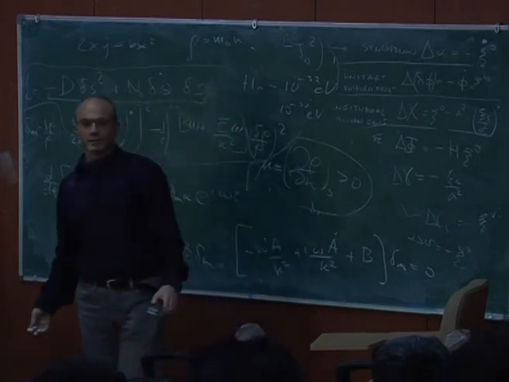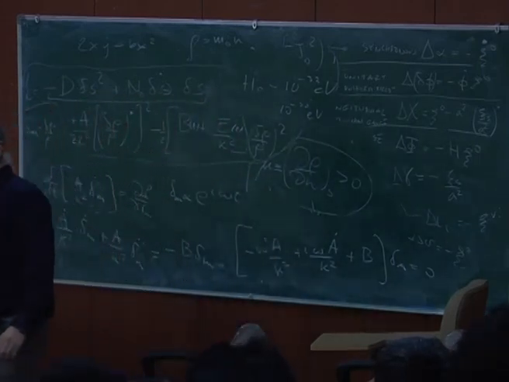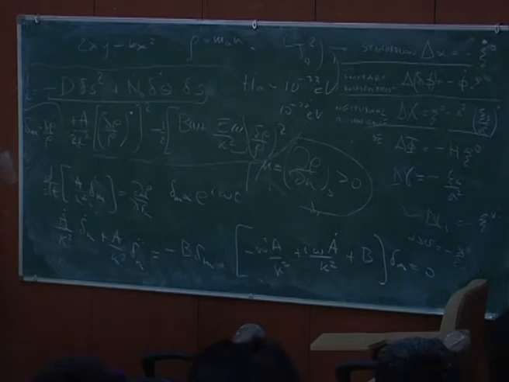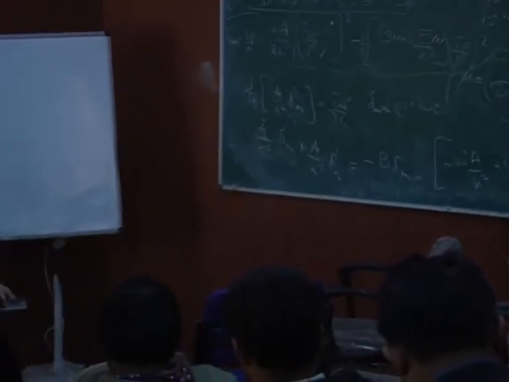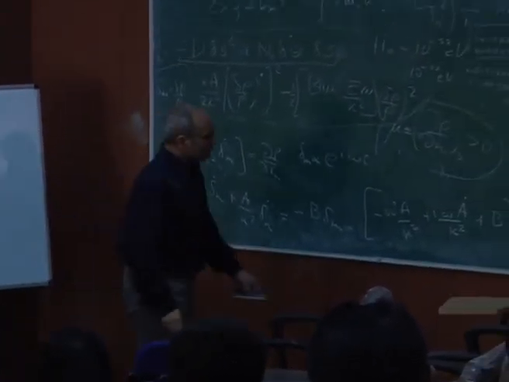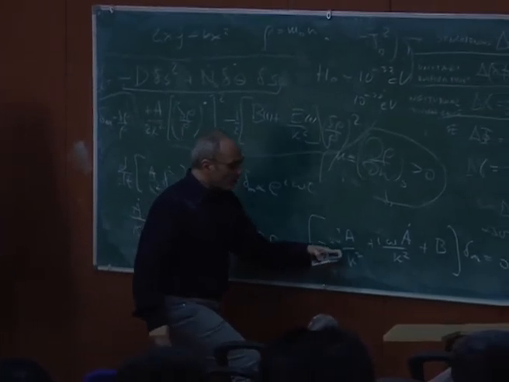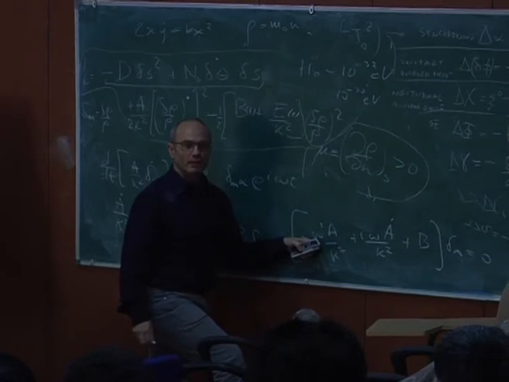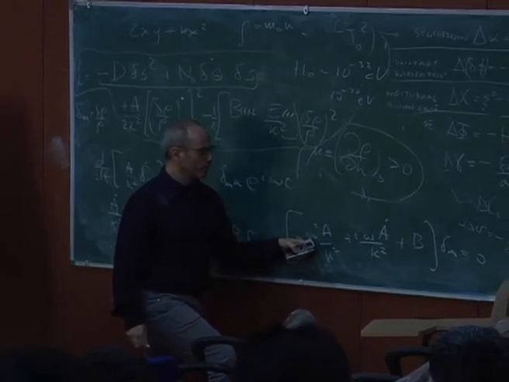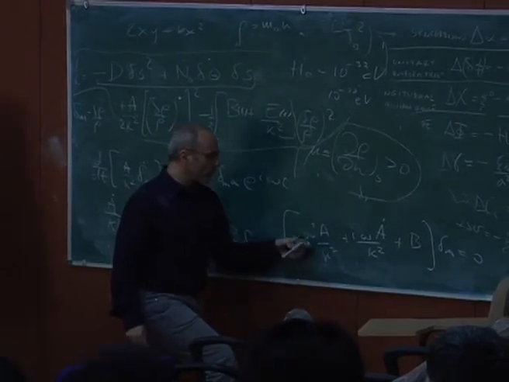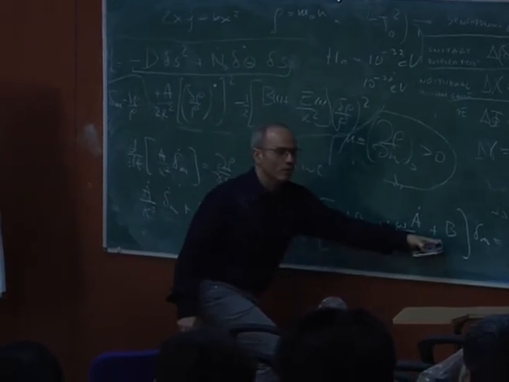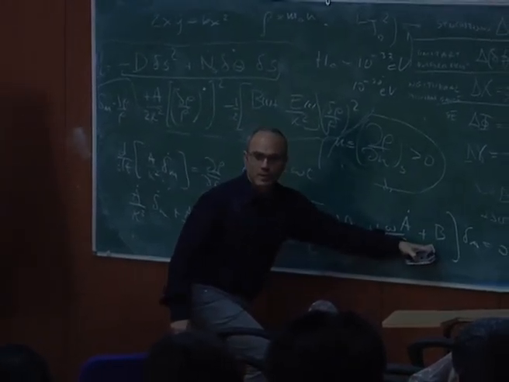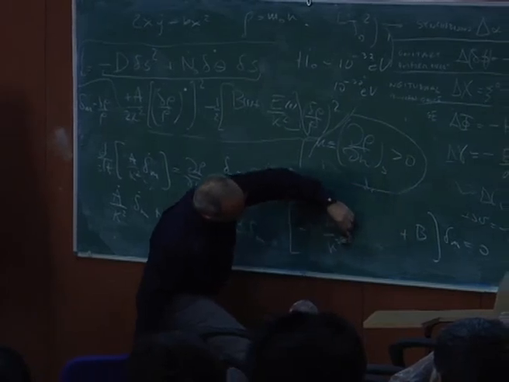I will get this. Okay? Now, you notice that if omega is very large, this term with respect to this will dominate by omega. And if omega is proportional to k, this will be order 1 as this one is order 1. So I can neglect this one.